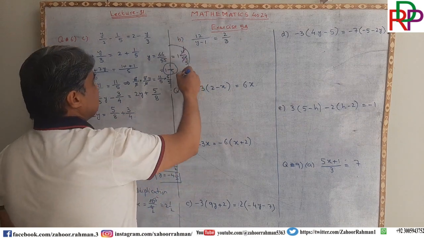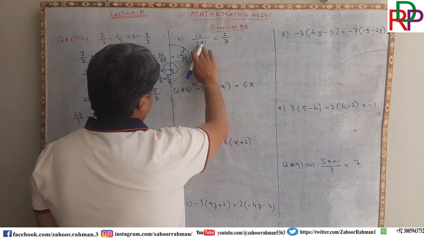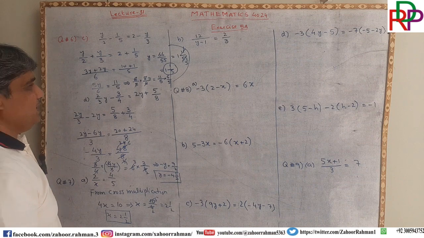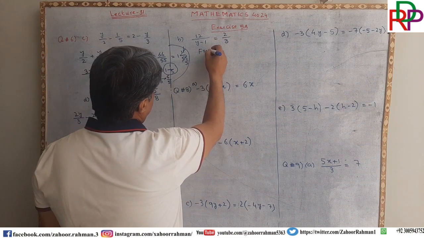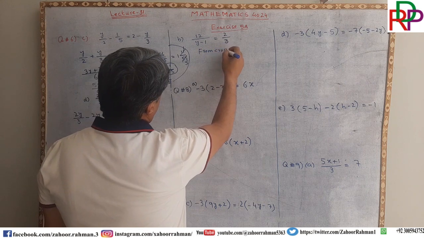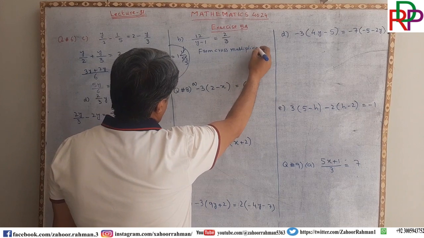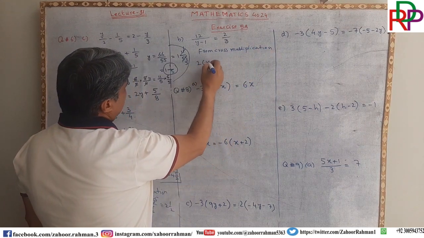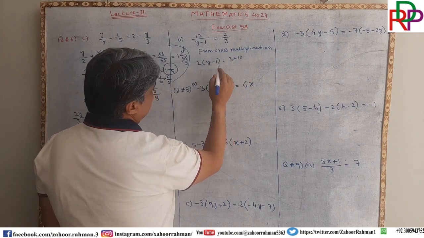Now let us turn our focus to this one. Here the variable y minus 1 is in the denominator, so we have to do cross multiplication. So here you have to write from cross multiplication, 2 into y minus 1 into 3 into 12.